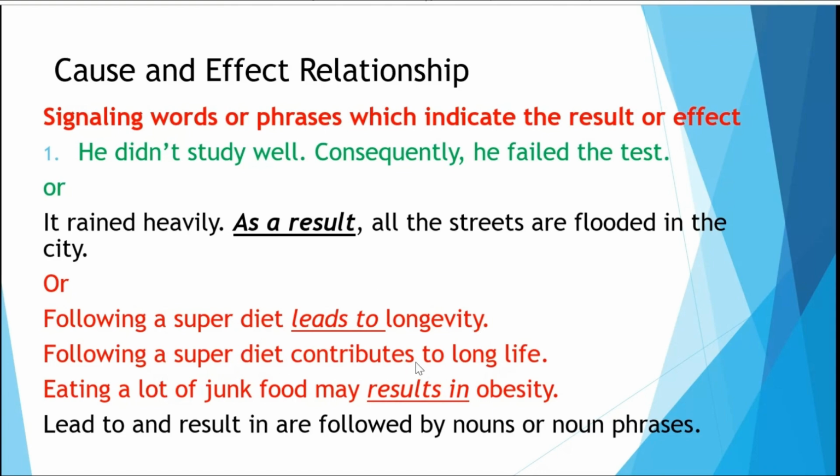If you look at the second sentence, to long life, this is a noun phrase. So at the end of the sentence, when you are writing leads to or lead to, contributes to or contribute to, or results in or result in, you can put in either a noun or a noun phrase.